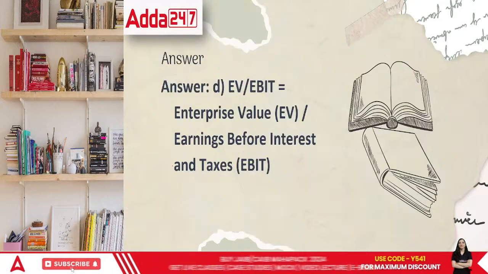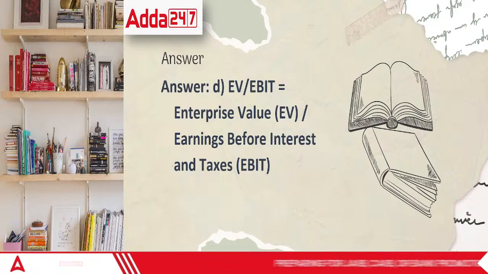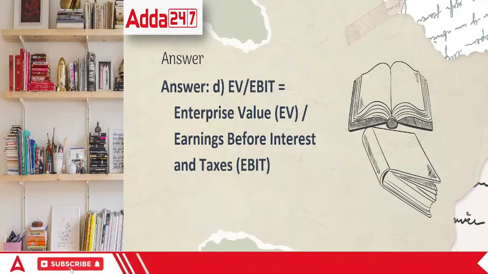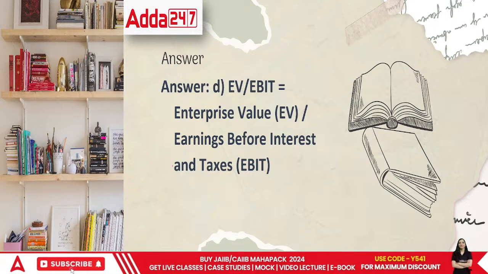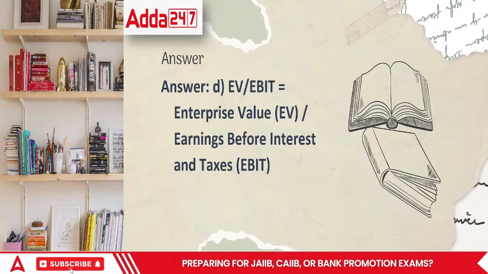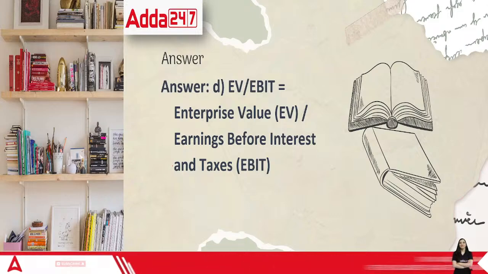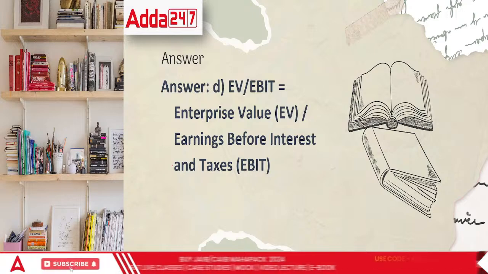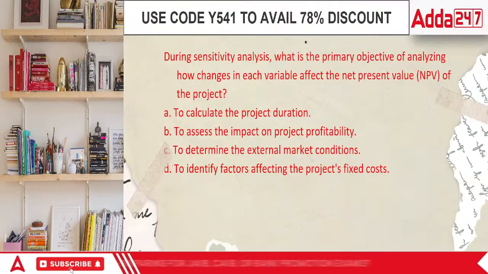The answer is D. The enterprise value of the organization can be divided by your earnings before interest and tax, calculated as EV divided by EBIT. Done, everyone? EV upon EBIT.